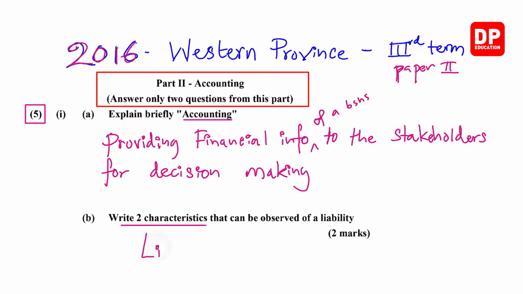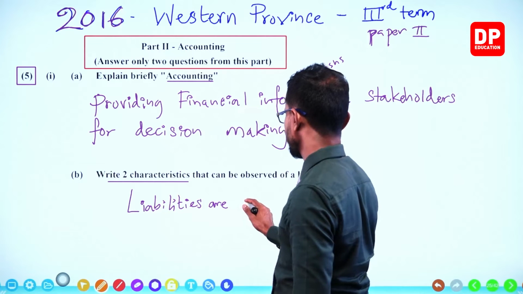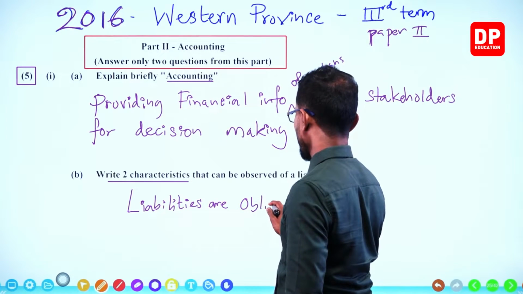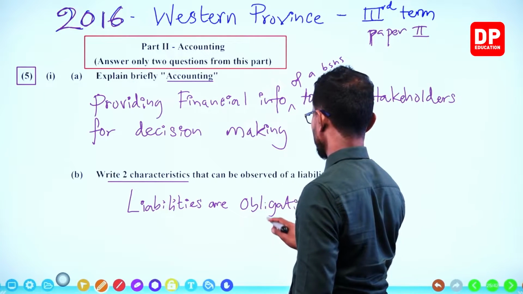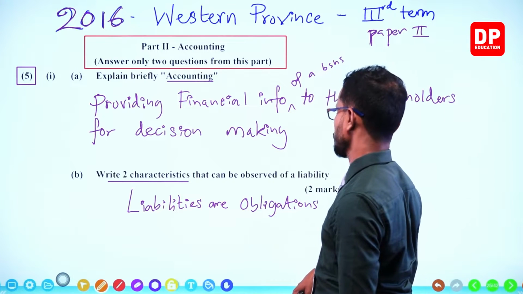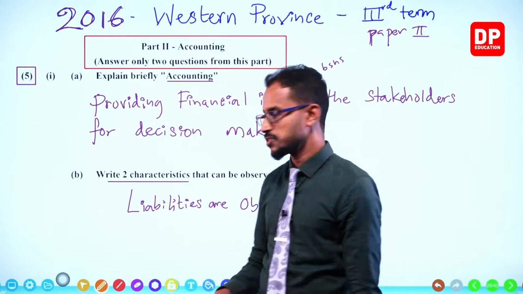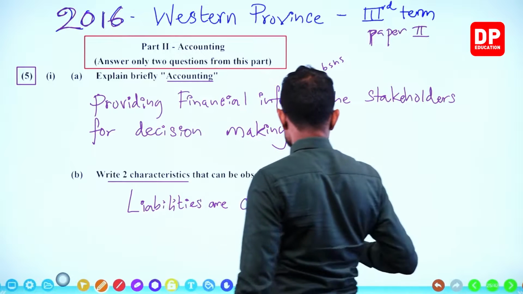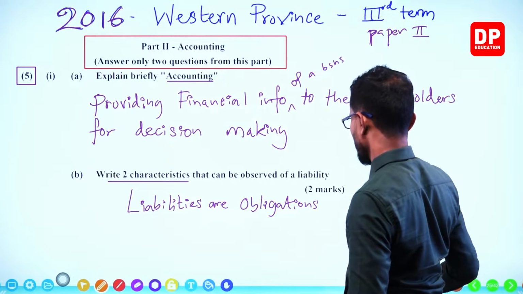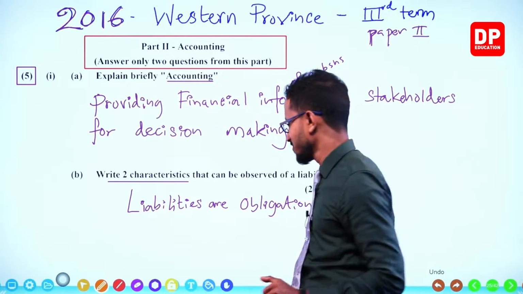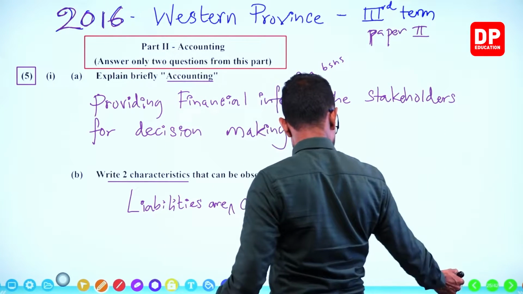Liabilities are obligations. Current obligations. Don't write anything else. Keep it short. Current obligations. I will write that.